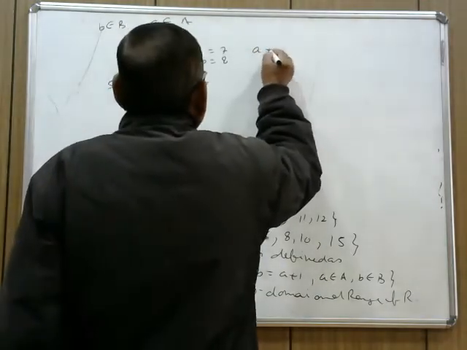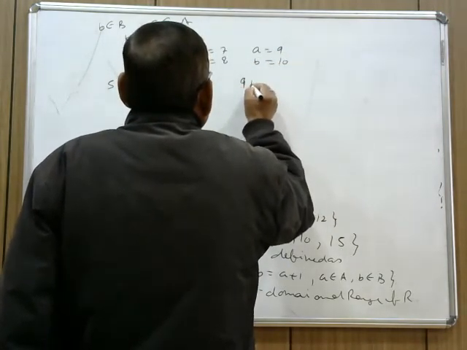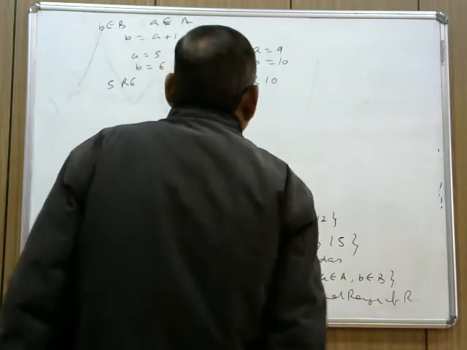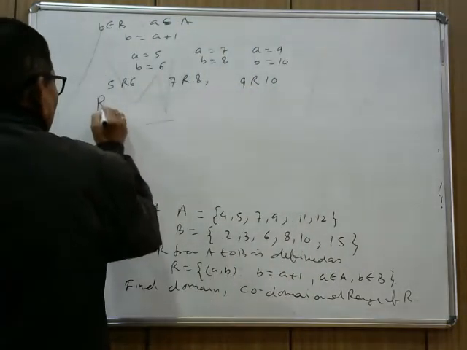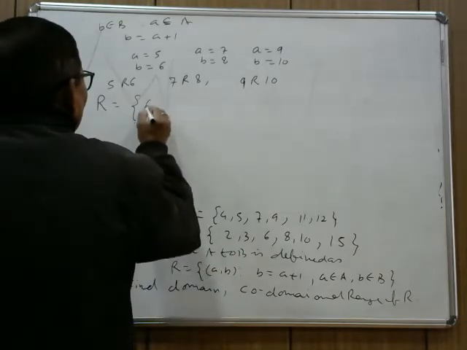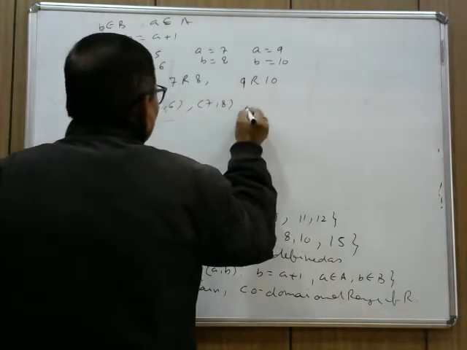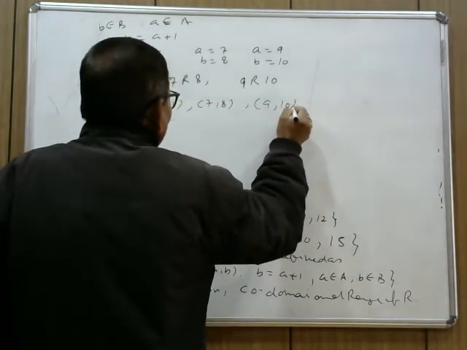When a is 9, then b is 10. So 9 is related to 10. Now you can write all the elements of this relation. First element is (5, 6), second is (7, 8), and third is (9, 10).